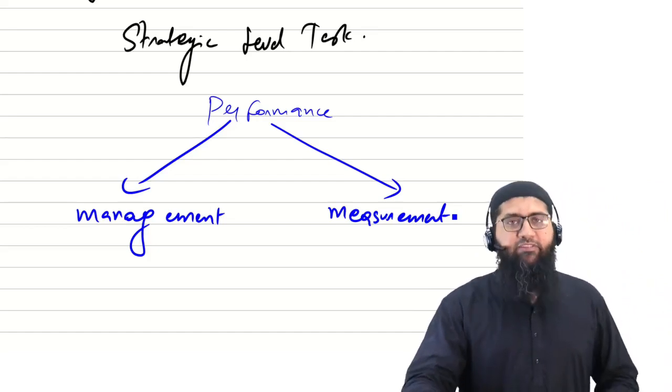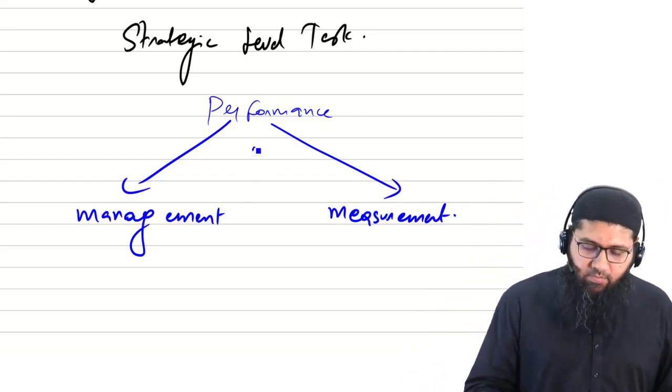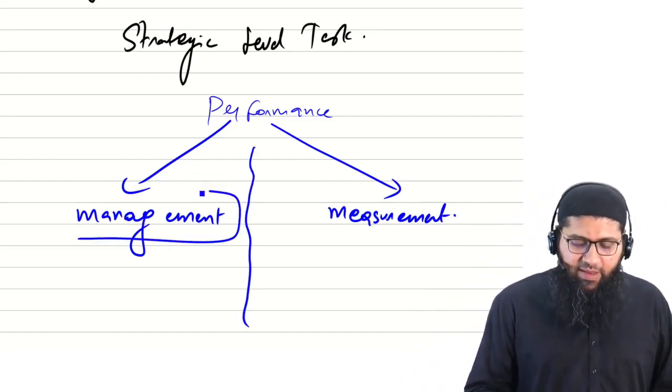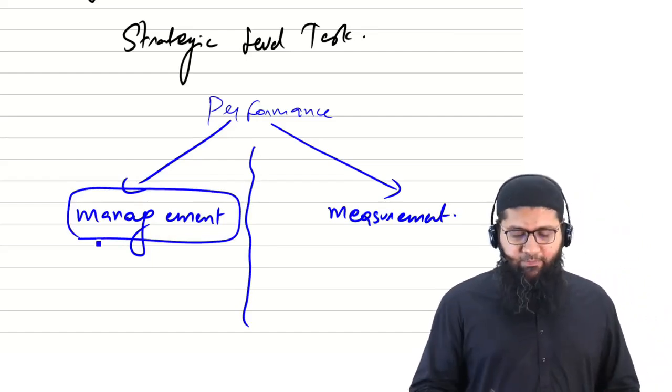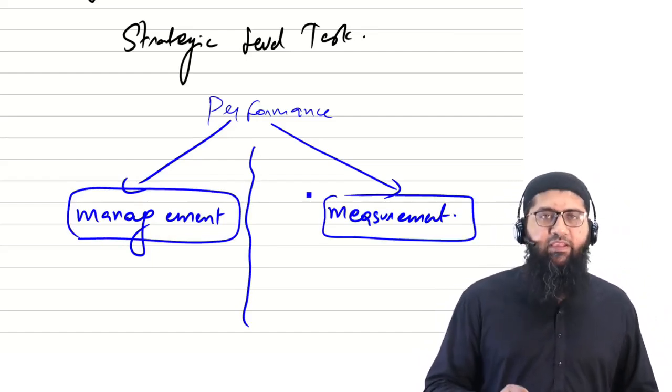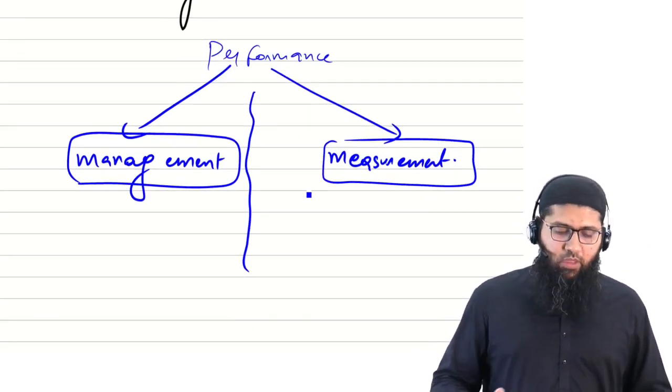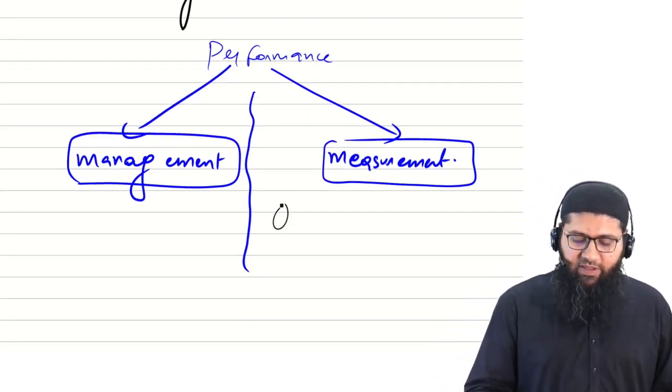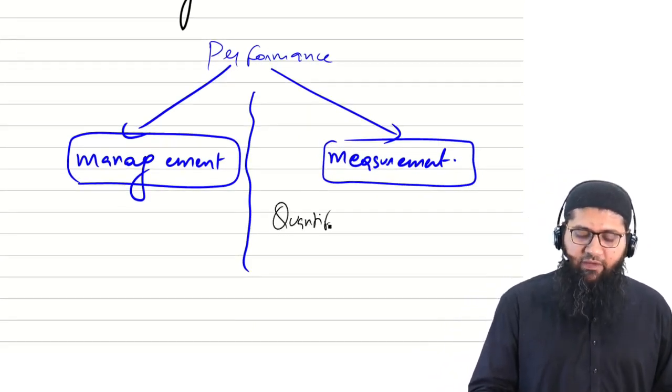Now, let's try to understand. We have discussed what management is, but now what we need to discuss is what performance measurement is. When you talk about performance measurement, it's simply quantifying performance.